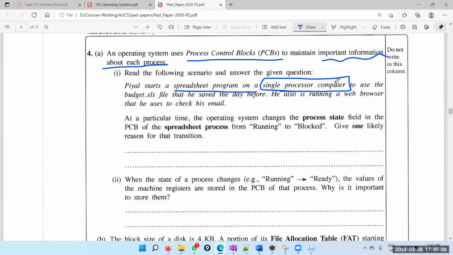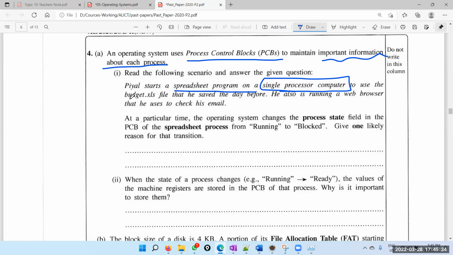So this is to give you more focus on time slot related things. They have even restricted it to a single processor. That is to help you, okay? Otherwise students might answer by saying this process is given to that processor and the other thing is given to that processor. So the examiner is narrowing the possibility, saying that no, we have only one processor.